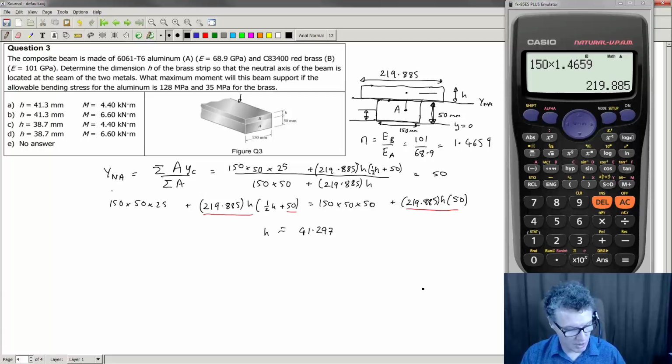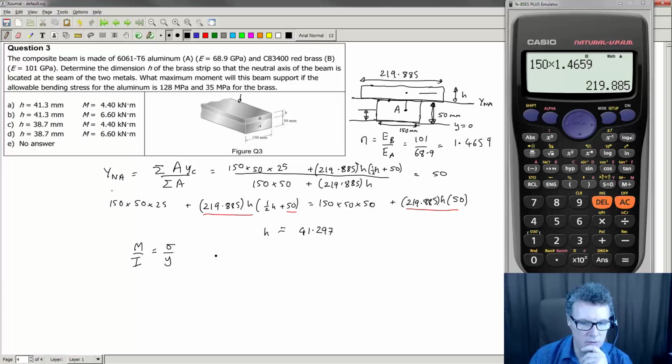So we're still not done. The next thing we need to do is start looking at the bending equation. So let's take the engineer's bending equation: M over I, we don't need the last bit, is stress over distance away from the neutral axis. What is the maximum moment the beam will support?